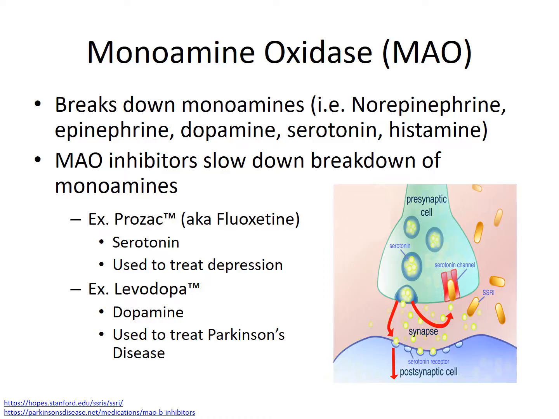So it slows down the breakdown of dopamine, keeping dopamine around longer, so it sticks around and continues to have its effects rather than not being around when it's needed.